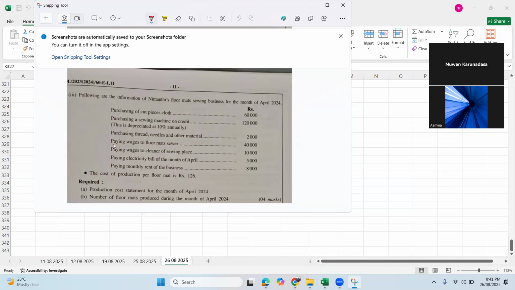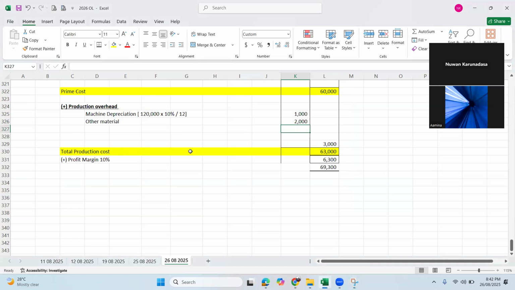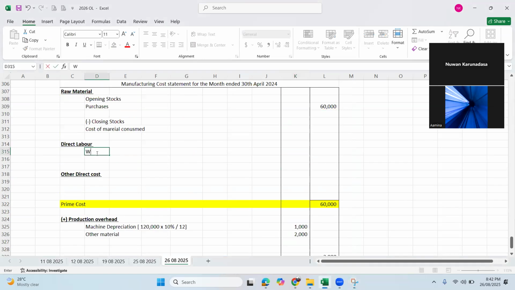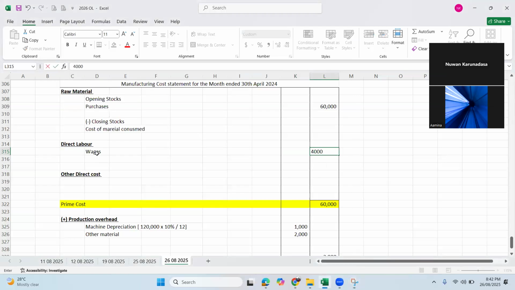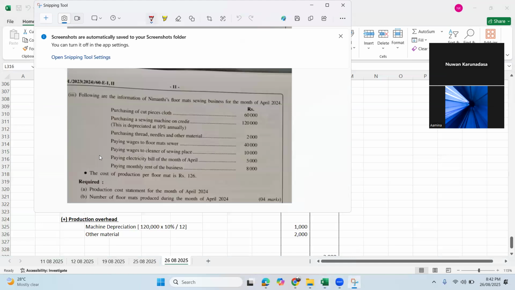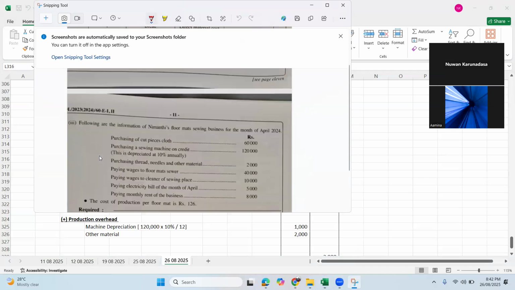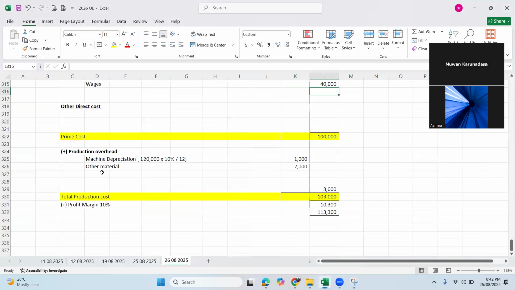Then paying wages to the floor mats sewers, right? So that is direct labor. Wages. People who are directly engaged in the production. 40,000. Then paying wages to the cleaner of the sewing place. Cleaner is indirect labor, production overhead. Wages cleaner. They are not directly engaged in the production.